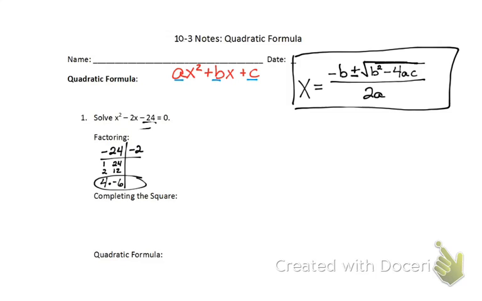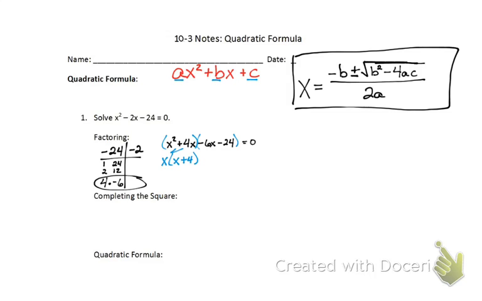So now you can rewrite this equation and say x squared plus 4x minus 6x minus 24 equals 0. And you factor this by group factoring. The first group you're going to factor out an x, leaving you with x plus 4.